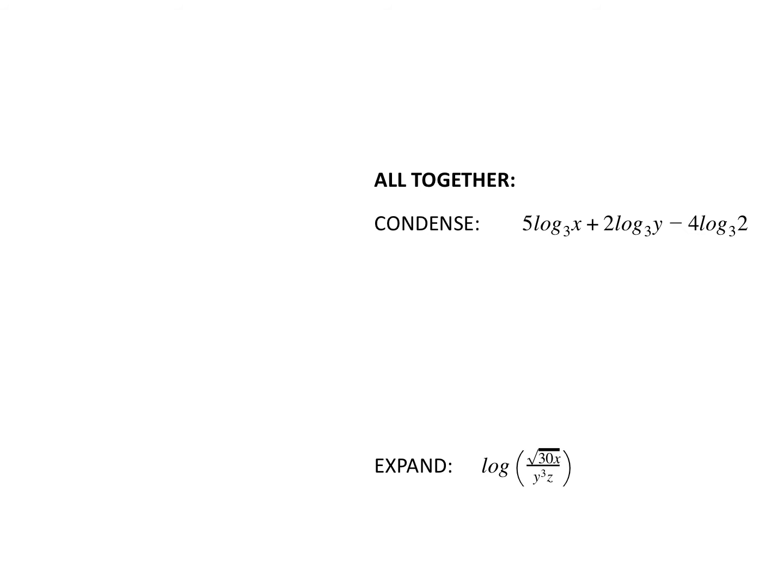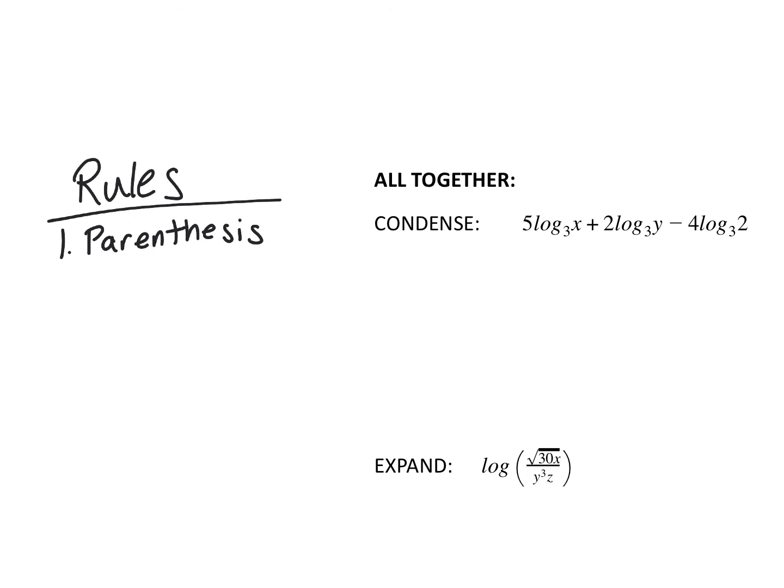When we're doing these, here are some basic steps, some rules that we're going to write down. If we have parentheses, we are taking care of those first. Just like order of operations, parentheses are going first, okay? Same thing with exponents, PEMDAS, right?